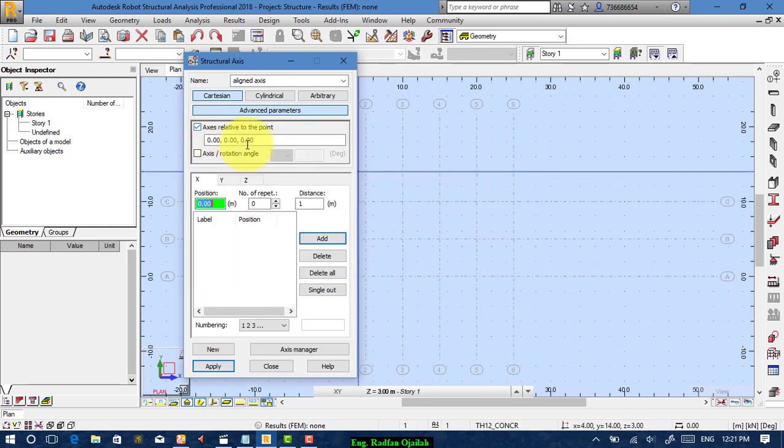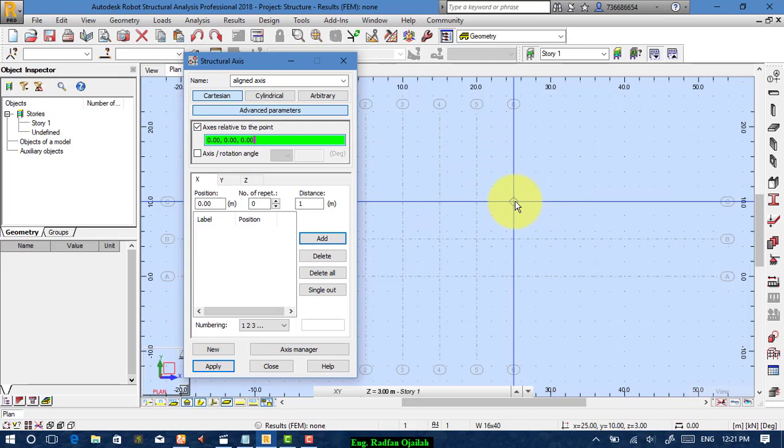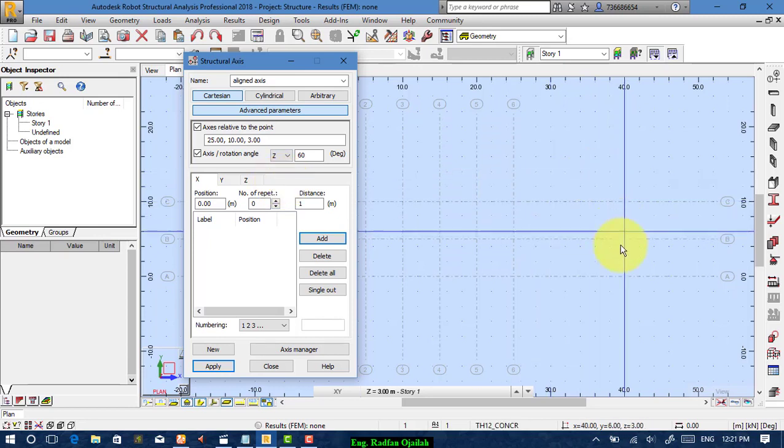So axis relative to this point. Axis rotation angle, let's assume that is 60 degrees. And about what axis? It's about the z-axis, because rotation around the x-axis will occur on the xy plane.